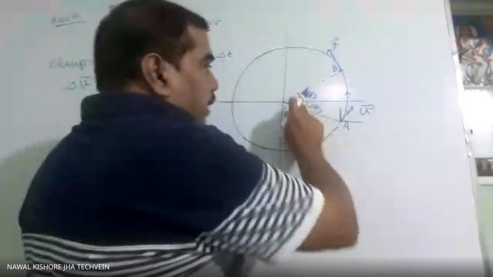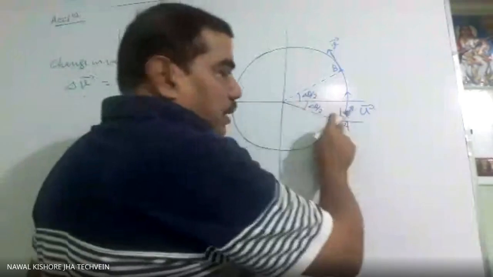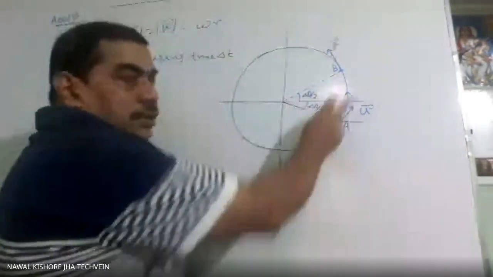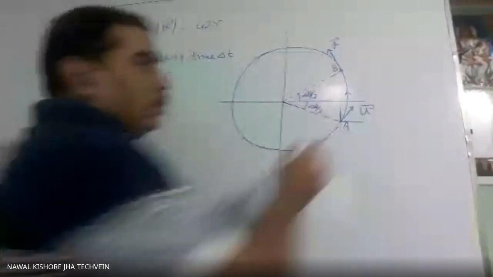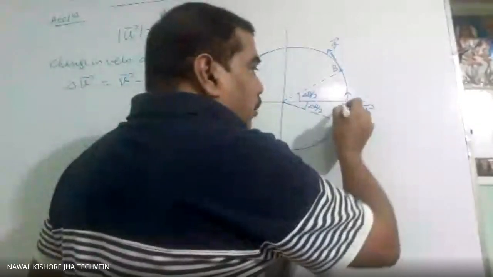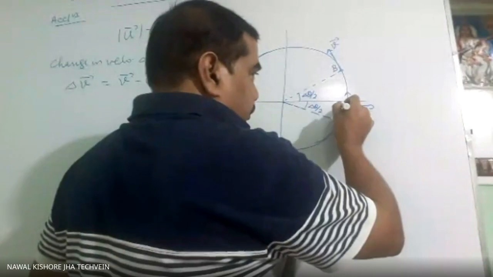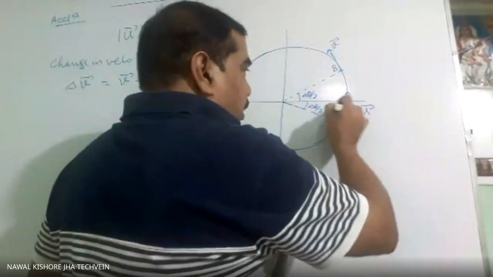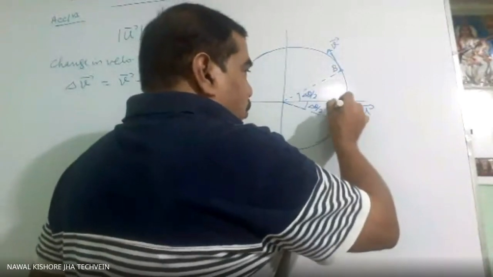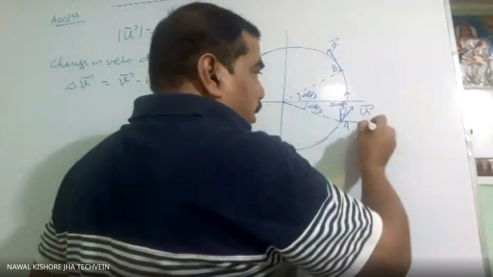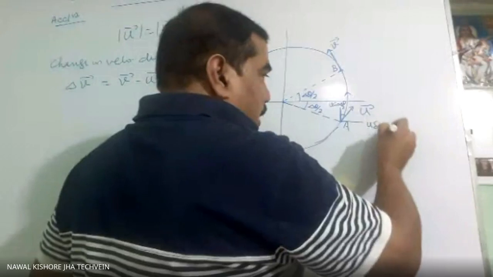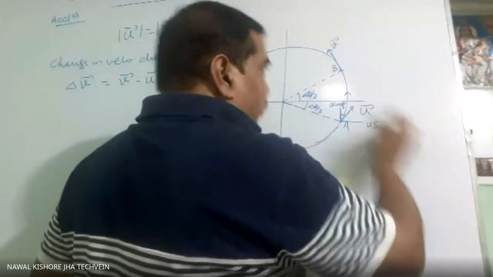If this is making an angle, this is your radius here, this is the tangent. This is making an angle of delta theta by 2, so this angle will be delta theta over 2. So one component will be u cos delta theta by 2, and this component is u sin delta theta over 2.